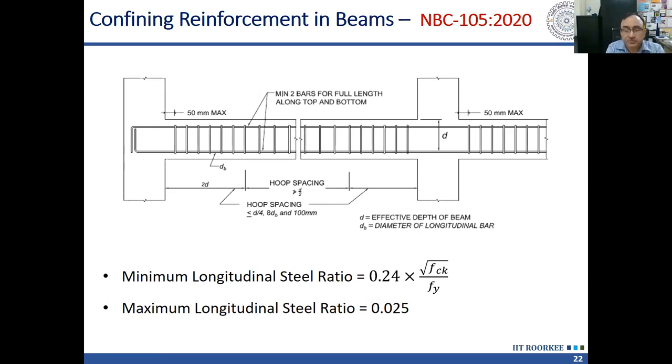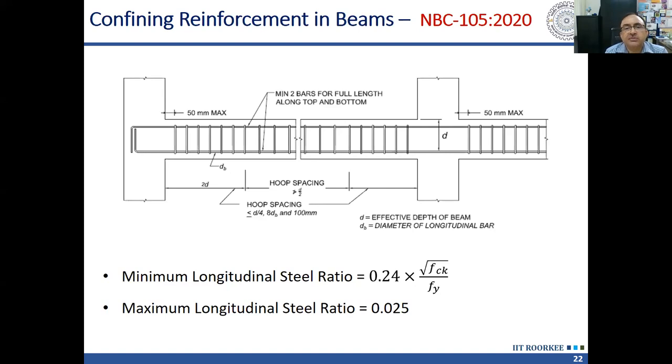That's why it is also important that we provide a larger number of legs in our transverse reinforcement and try to restrain each and every longitudinal bar, so that under buckling, it is not subjected to low cycle fatigue. The failure does not occur due to low cycle fatigue. So it will be good if we can support each and every longitudinal bar using hoops and ties. If we arrange that way, it will be better.